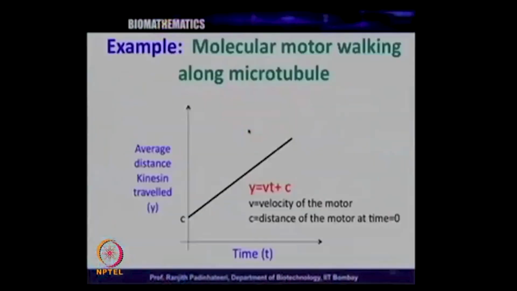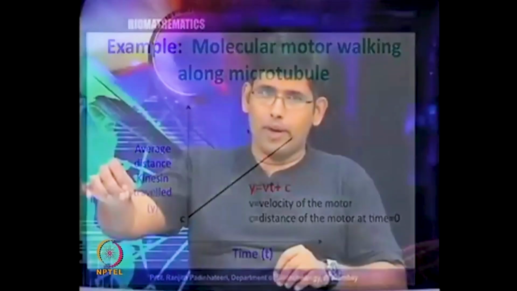Let us take another example from biology, where a molecular motor is walking along a microtubule. In cells, microtubules typically start from near the centrosome and go to the periphery of the cell, so from the center to the periphery. The motor will be walking from one end to the other end of the microtubule.